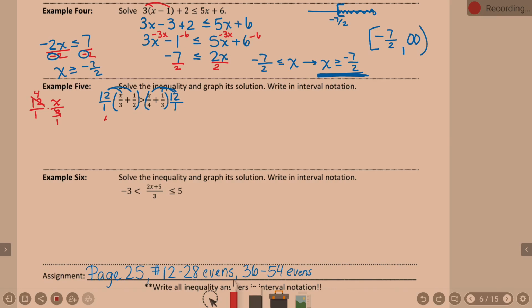This is going to become 4x, plus, what's half of 12? 6. Greater than x over 4 times 12 over 1. What's a fourth of 12? 3. So 3x plus a third of 12, 4. Okay. Keep going. You know what to do from here.